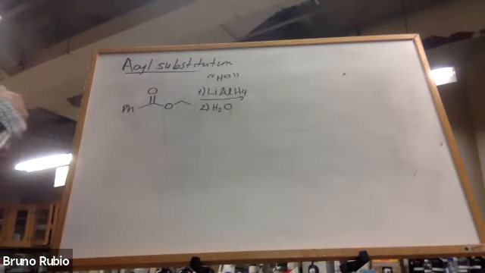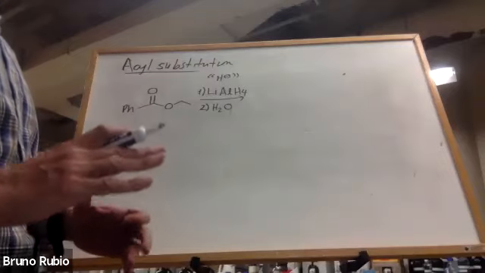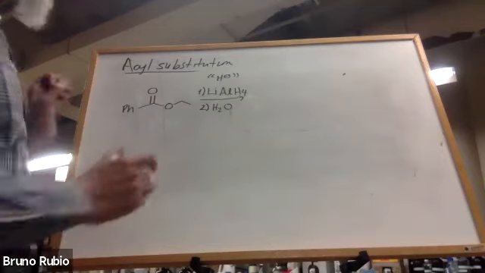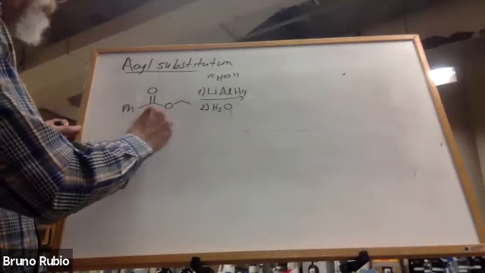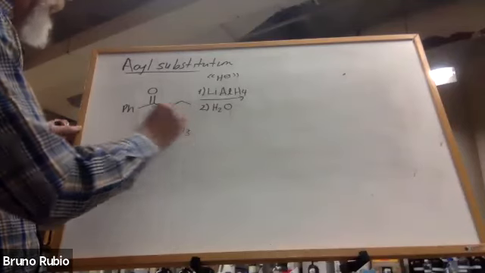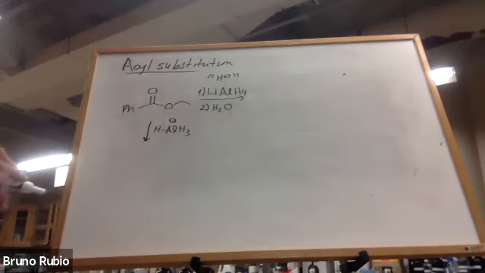Hope so. All right, so I'm just going to present a mechanism for this, but as a simplified mechanism, which is just illustrating the most important intermediates and the most important processes. Okay, lithium aluminum hydride, the tetrahydroaluminate ion. So there's its structure.